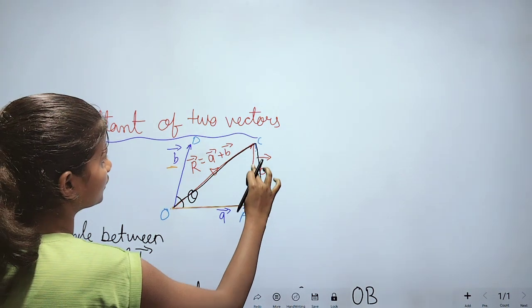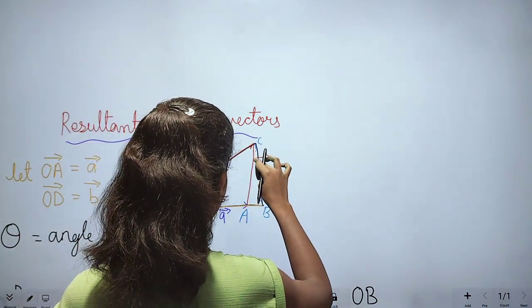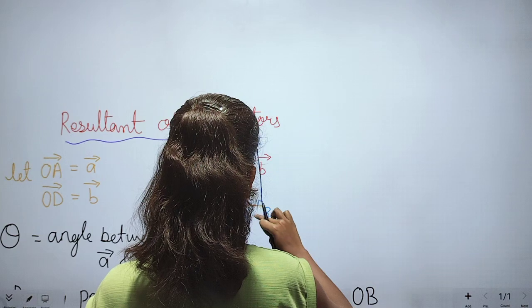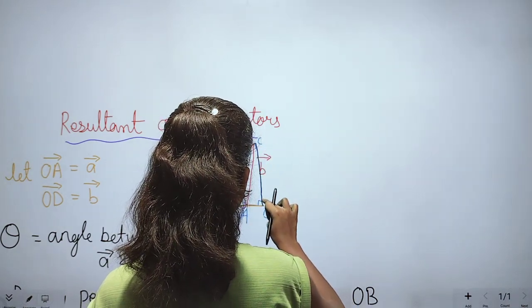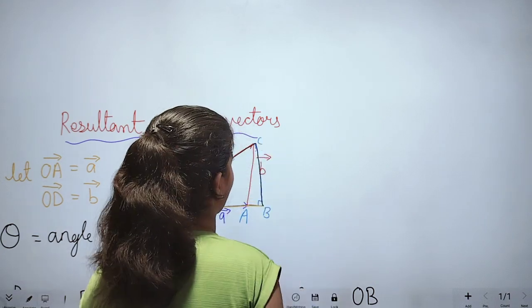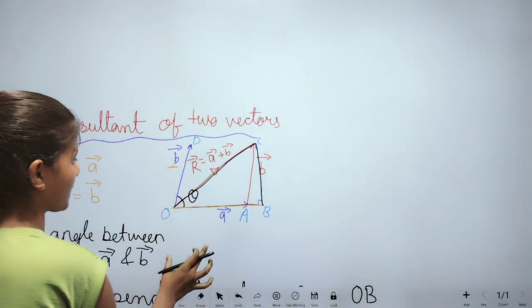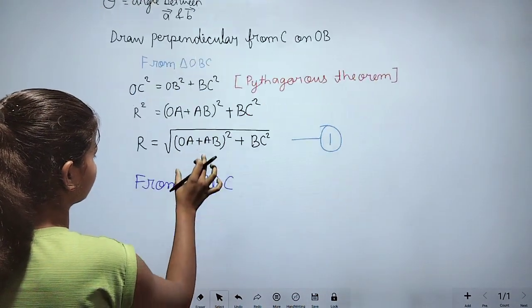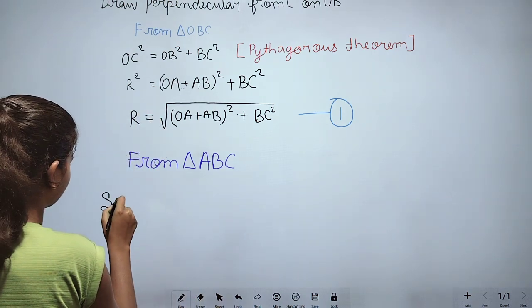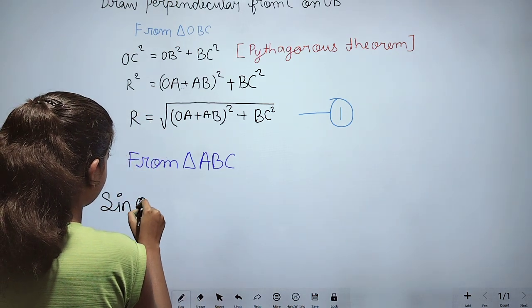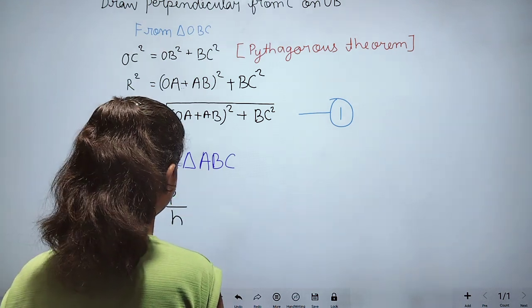Sin theta is equal to BC, this one is the perpendicular, and AC is the hypotenuse of triangle ABC. We know that sin theta is equal to perpendicular by hypotenuse.